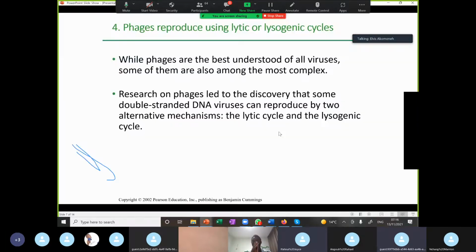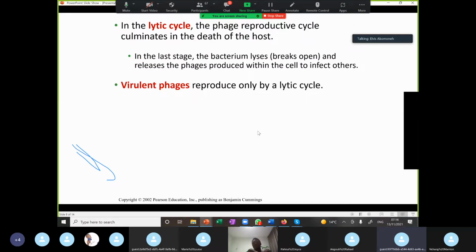So I was saying that when a virus infects a cell, the manner in which it progresses to replicate its proteins and its nucleic material could be via a lytic fashion or a lysogenic fashion. We use phages to exemplify this concept, and most phages are DNA viruses.